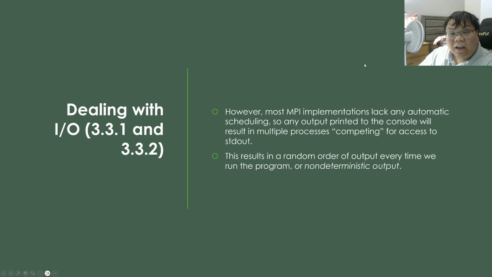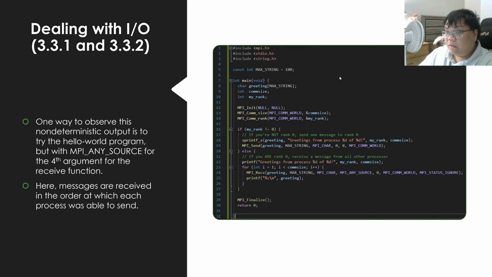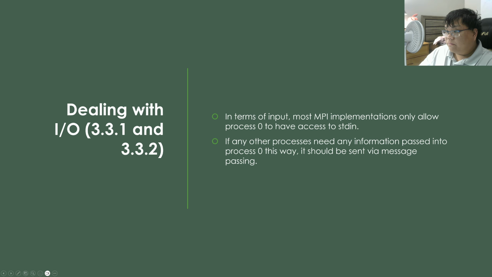But we are talking about input here. Most implementations of MPI only allow process 0 to have access to standard input. If any other processes need information that is passed to process 0 this way, we just send it via message passing. So, in short, we have this communicator of processes.